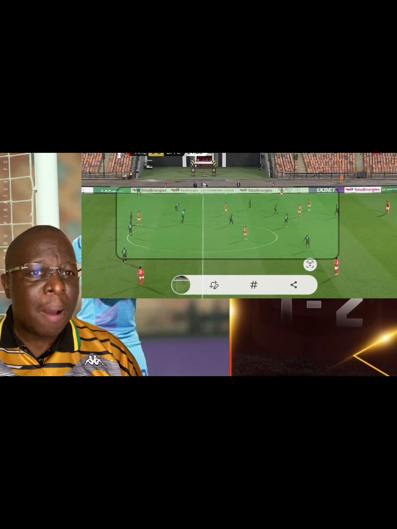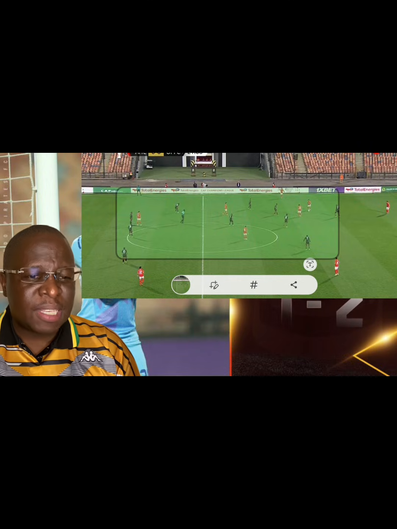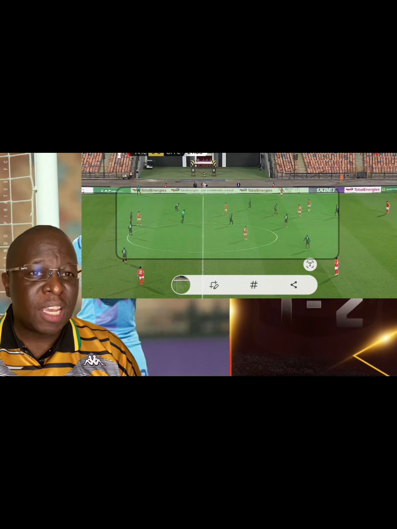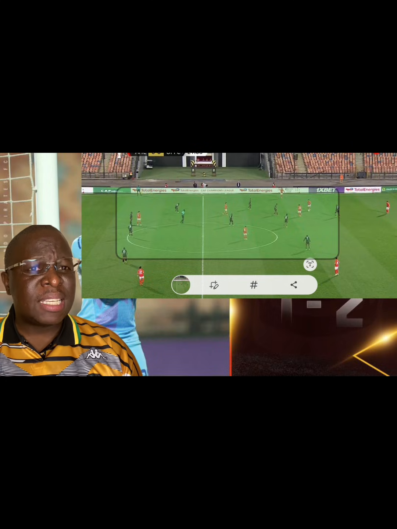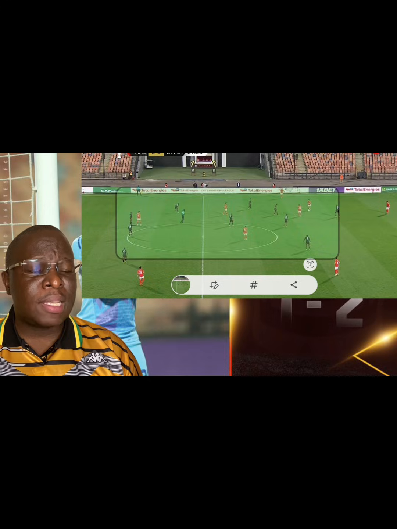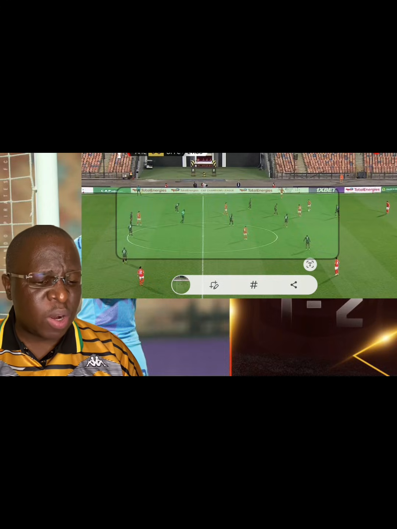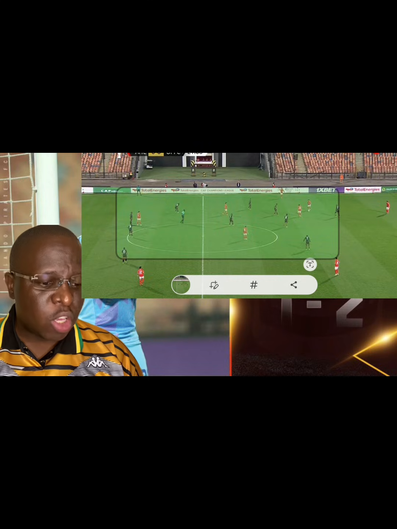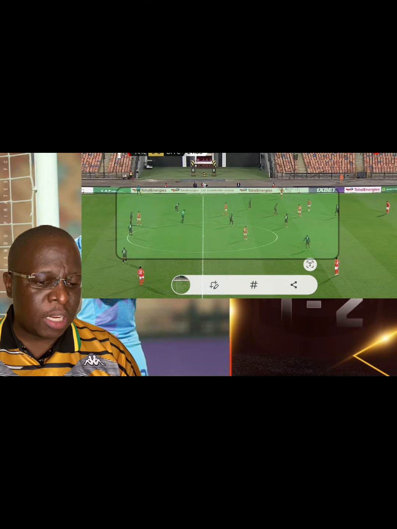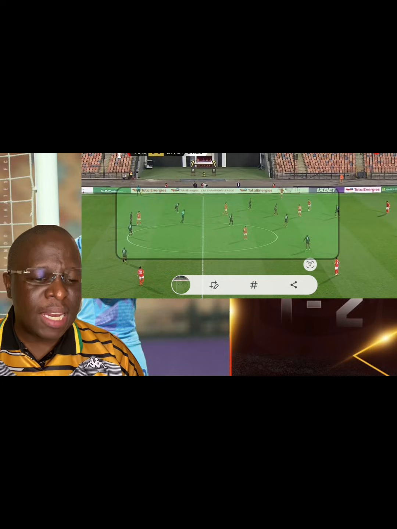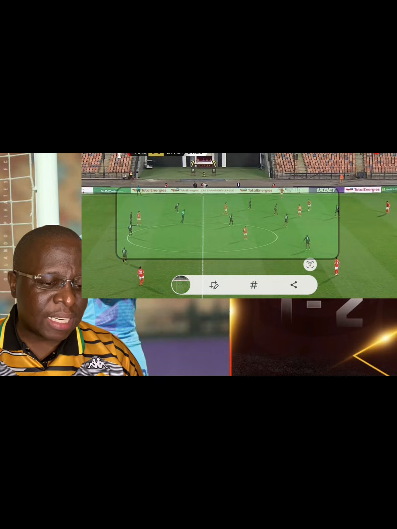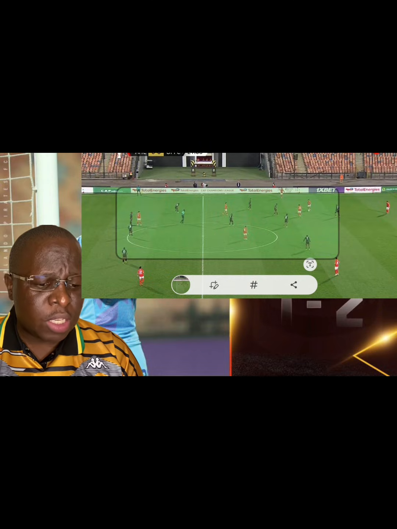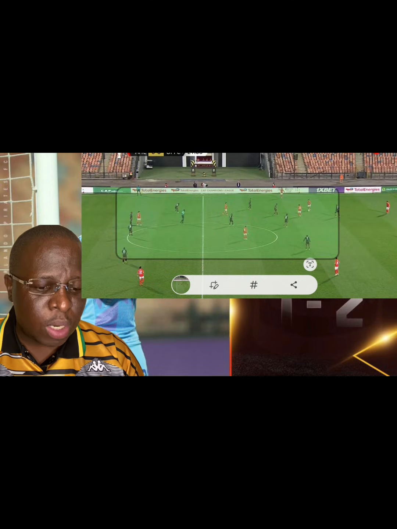But what is interesting is that when they were squeezing and compressing the field to reduce the space in midfield, there were even two players, the right back Lebitso as well as Hoto, who were left, and they were not even interested in those, because they knew when they switch play they were going to rush into that. But the reason for that is obviously to reduce any space in midfield, and that resulted in us being able to mark and win balls in that squeezed area as well as in that compact shape.